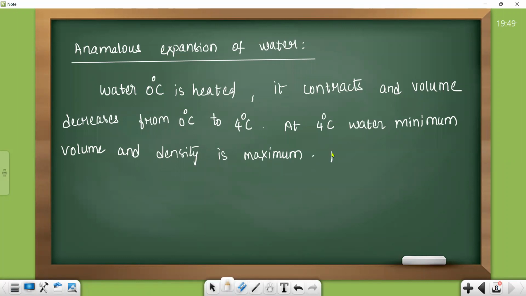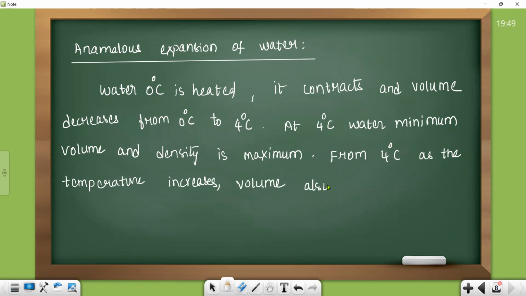Then from 4 degrees Celsius, if you are still heating the water, as the temperature increases, volume also increases. This is the anomalous expansion of water, the anomalous behavior.